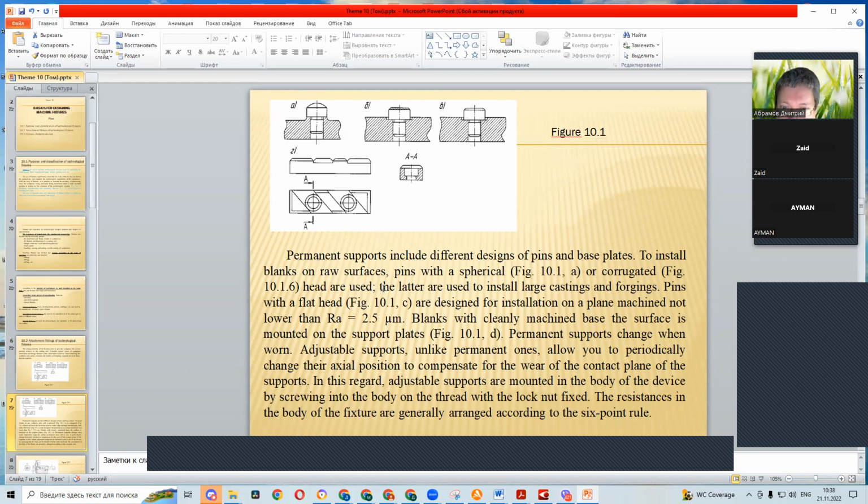The latter are used to install large castings and forgings. Pins with a flat head in figure 10.1 C are designed for installation on a plane machined not lower than Ra 2.5 micrometers, which is a roughness parameter.